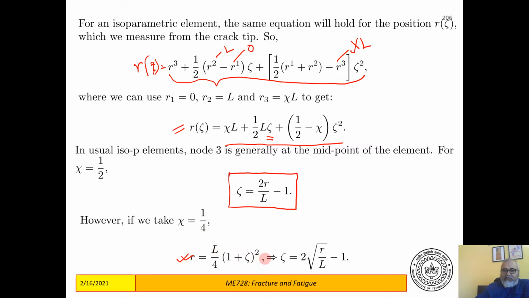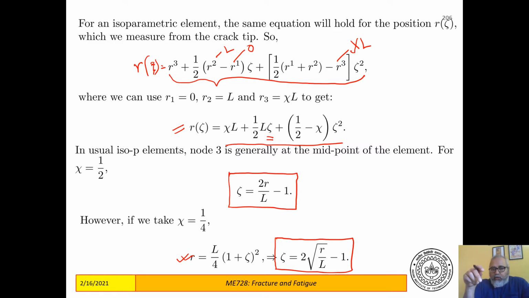And if you solve this, you get zeta to be 2 root r by L minus 1. So given any physical r in front of the crack tip, the zeta where it comes from will depend on this equation when chi is equal to 1/4.